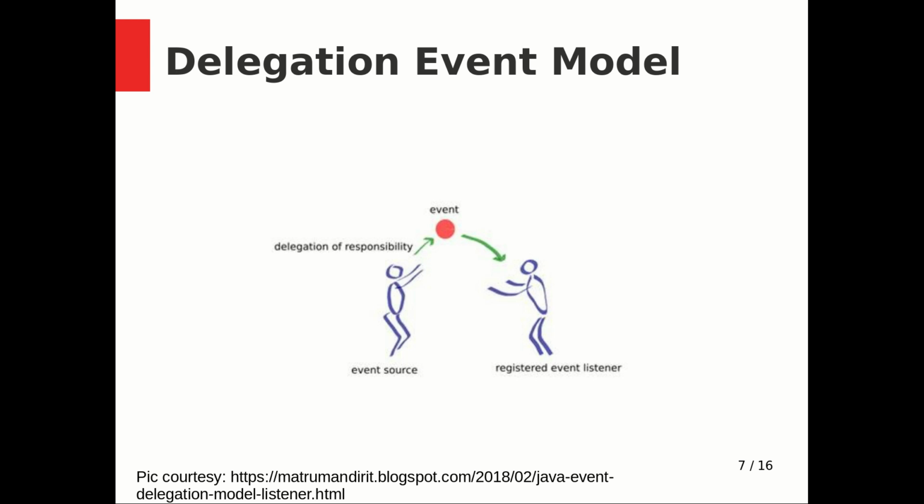For this to happen, the event source has to keep a register of all the event listeners who have been waiting for the event to occur. And once the event source causes the event, it will notify all the active event listeners. Now the event listener has got the notification from the event source, and then it can take the corresponding action.